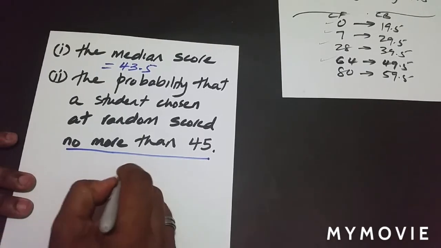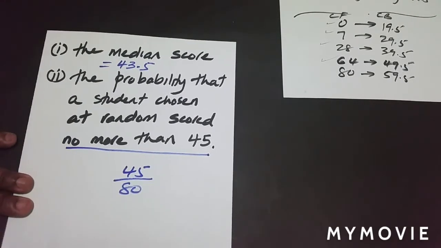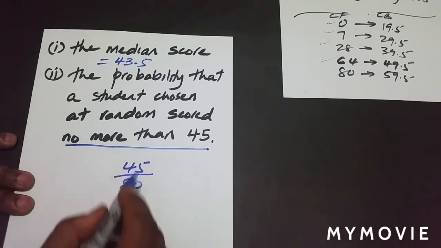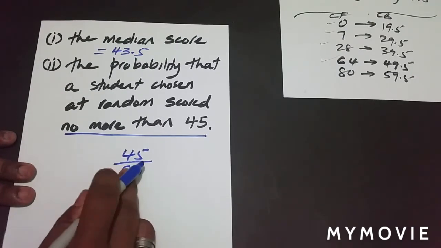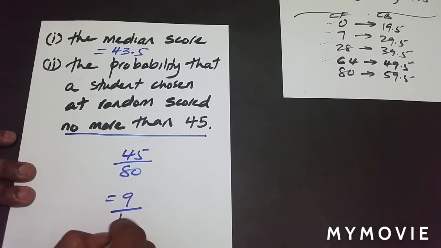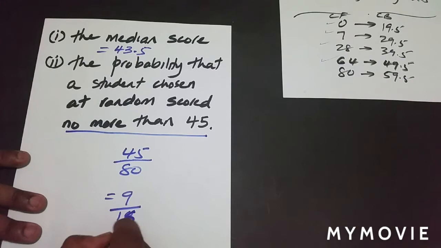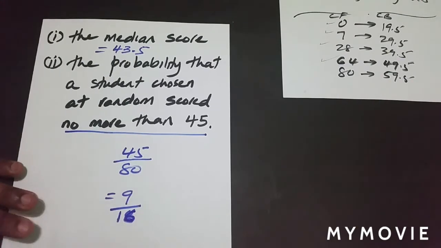So that means we have 45 over 80 here. Now I think that can be broken down, and I should always break it down when it can be broken down. So let's see, 5 can go into 45 9 times, and 5 can go into 80 16 times. 5 16s are 80.